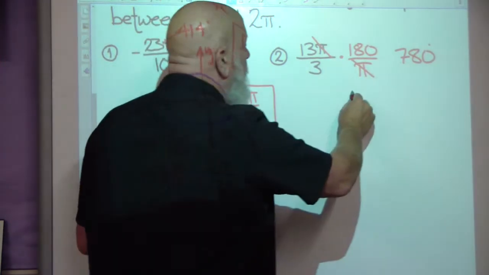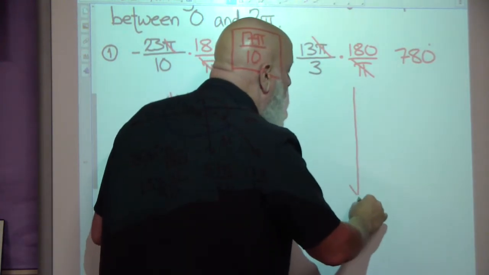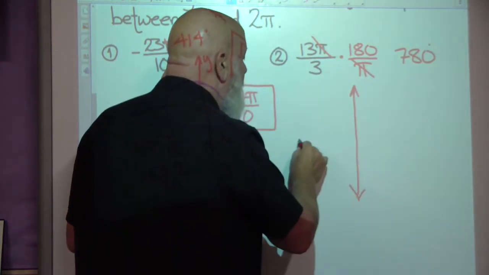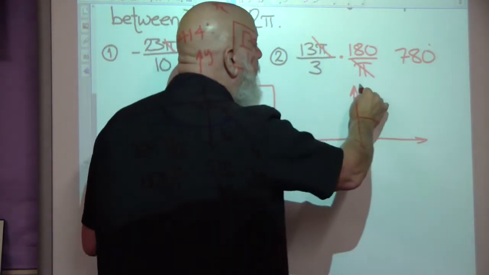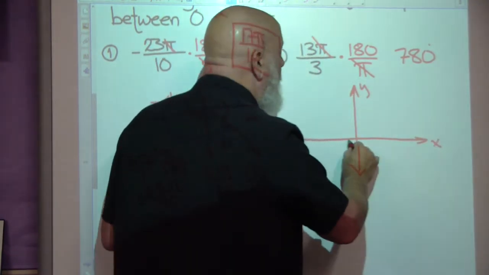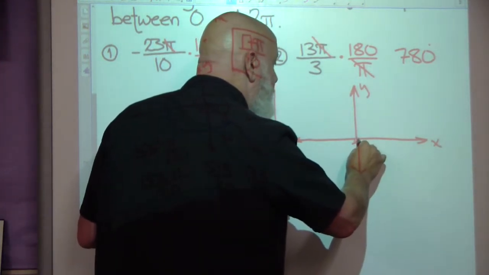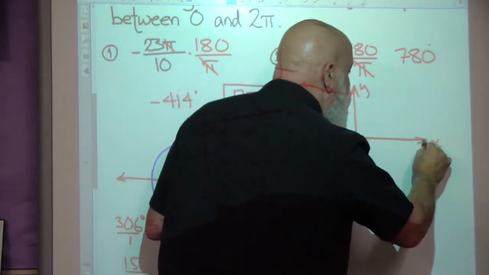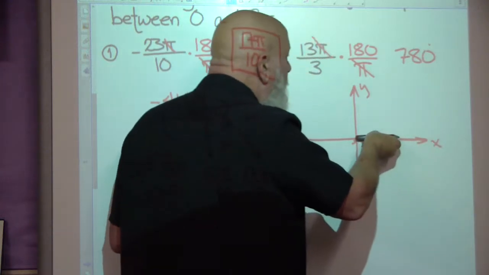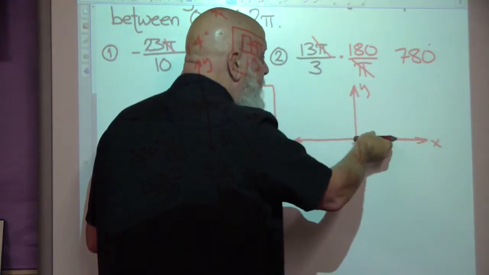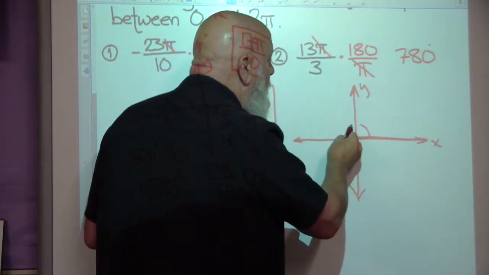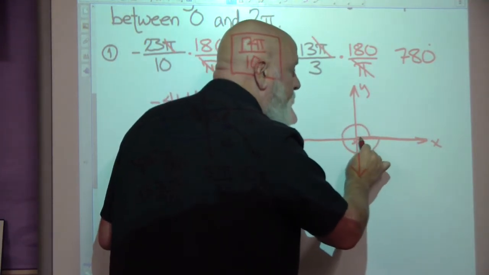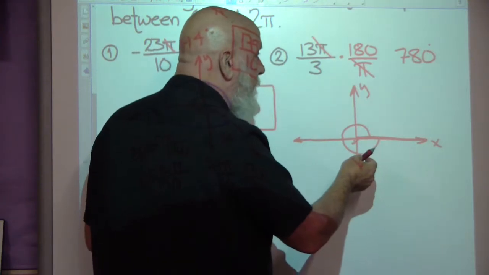Okay, so let's take a look at that. We're doing the same thing. We're going to rotate 780 degrees on the XY axes with the origin. My initial side is the positive x-axis, and I'm going to rotate in a positive direction 780 degrees. So here I go. If I rotate all the way around, I've got this ray that's a 360-degree angle.